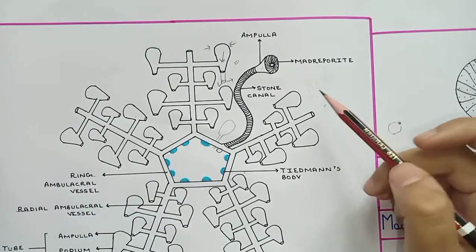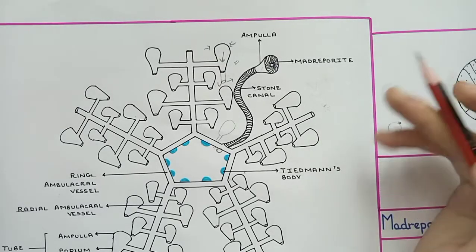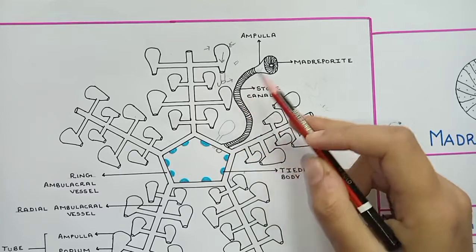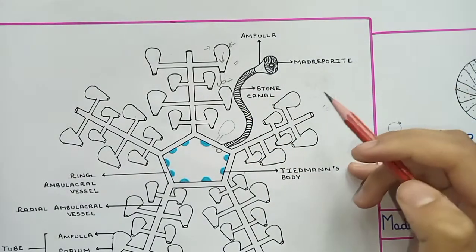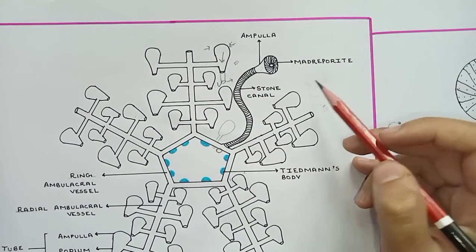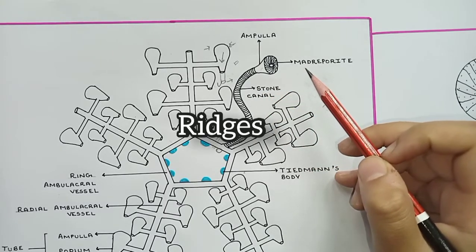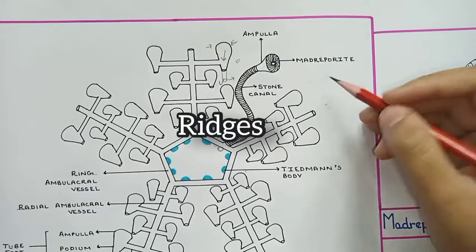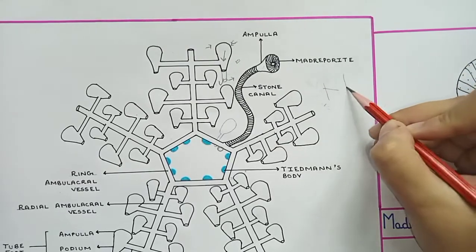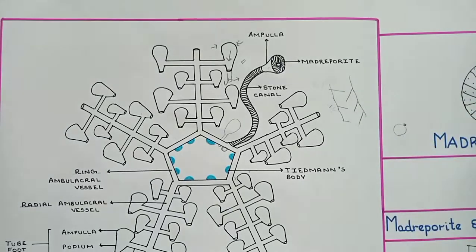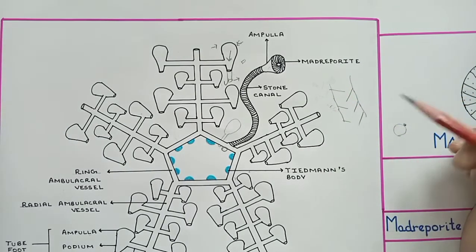In young organisms of class Asteroidea, it is seen that the inner wall of the stone canal is simple, but in adults, the inner wall of the stone canal consists of ridges. There are many ridges. So what is the function of these ridges?